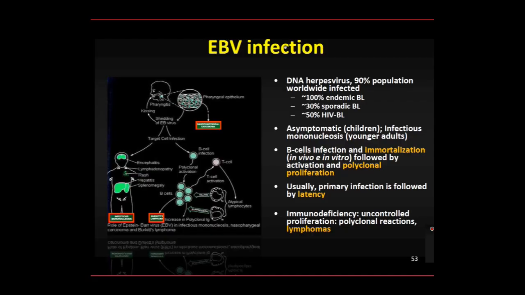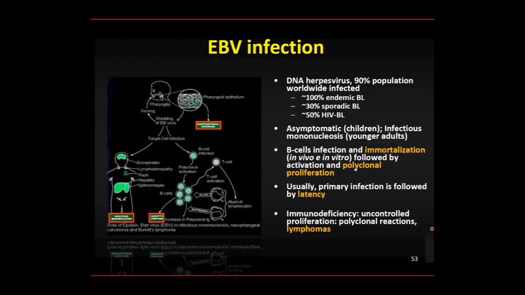We know that EBV infection, which is usually typical of adolescents in Western countries, actually happens very early in peri-equatorial areas, below 5 years of age, so when the immune system is not mature. So in the majority of these patients, unfortunately, the infection is not completely resolved and EBV can remain latent in memory cells and cause them to be immortalized.